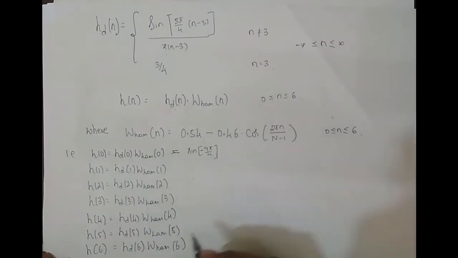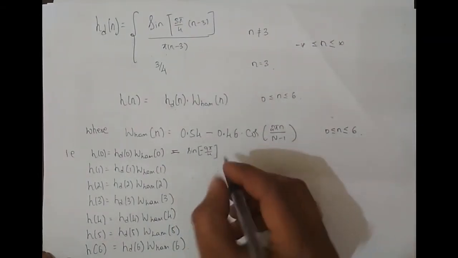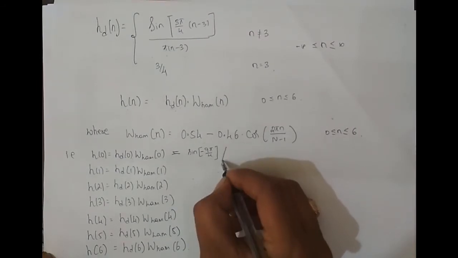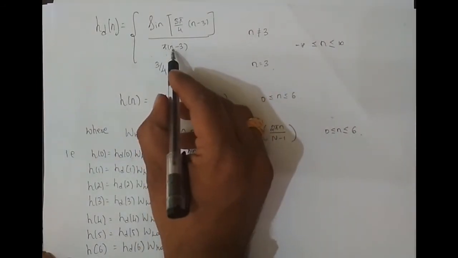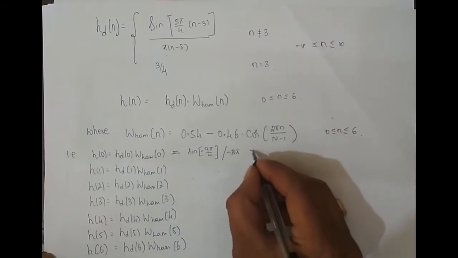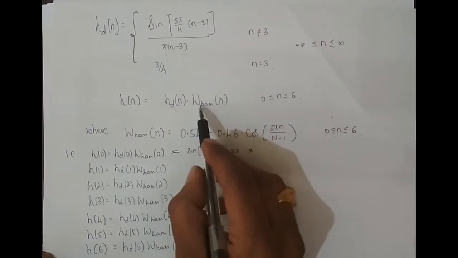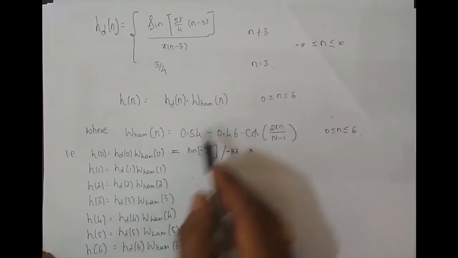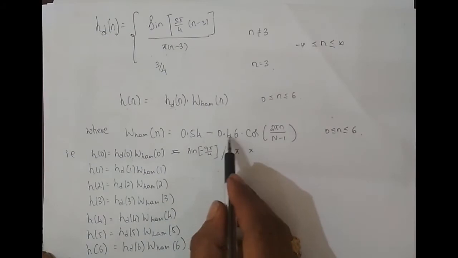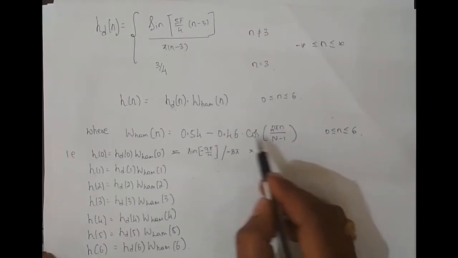You have to put your calculator in radians mode. So divided by, so this is 0, it is minus 3 pi into 0, w Hamming of 0. So 0.54 minus 0.46 into cos of, so this is 0, right? So 2 pi into 0, 0 by anything is 0, cos 0 is 1.